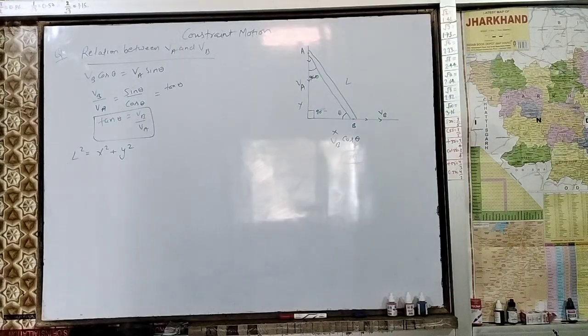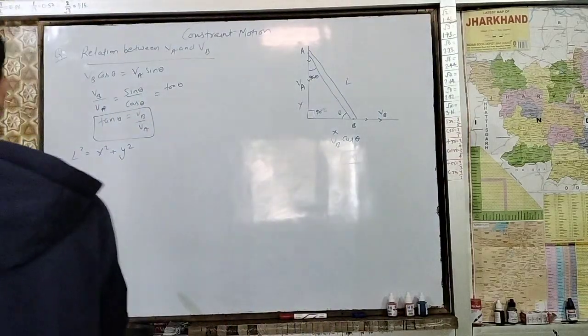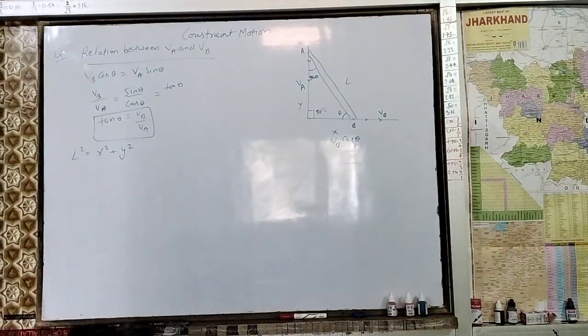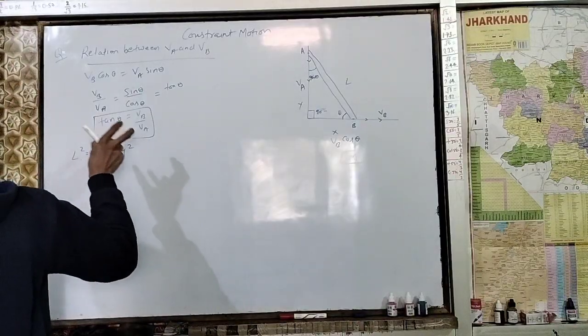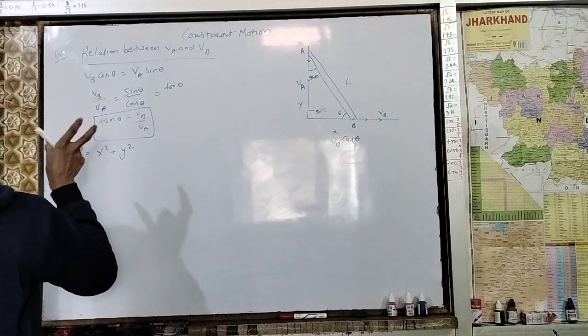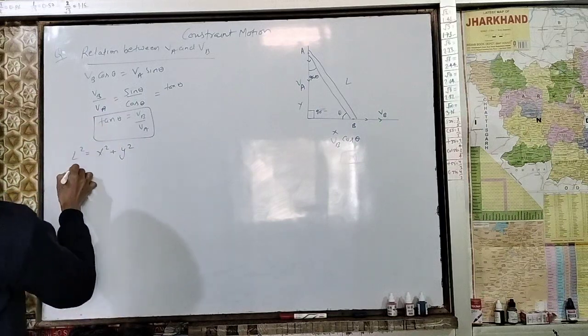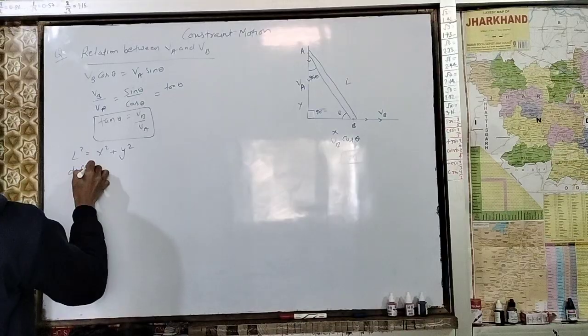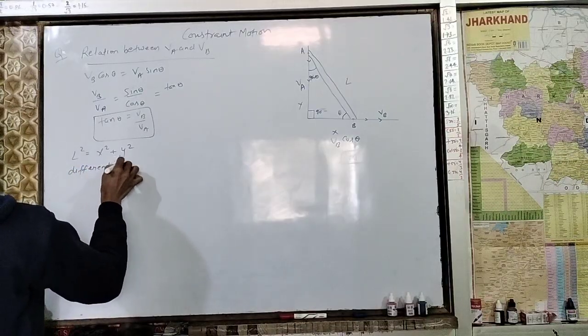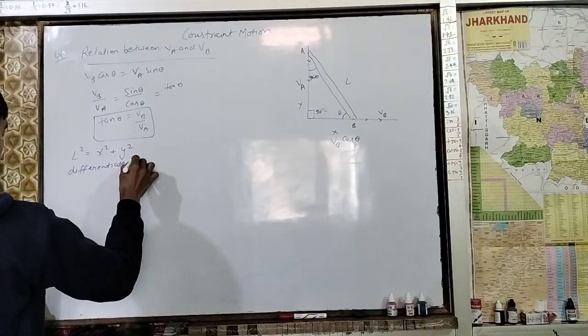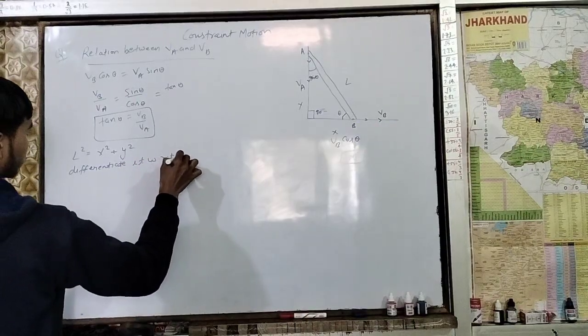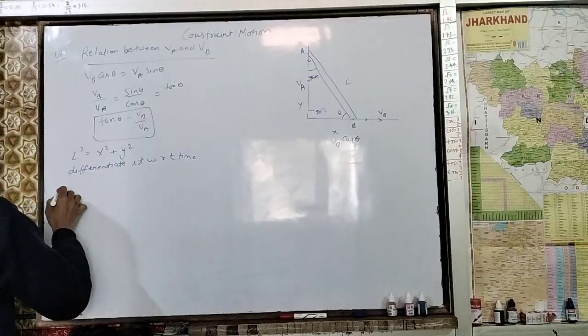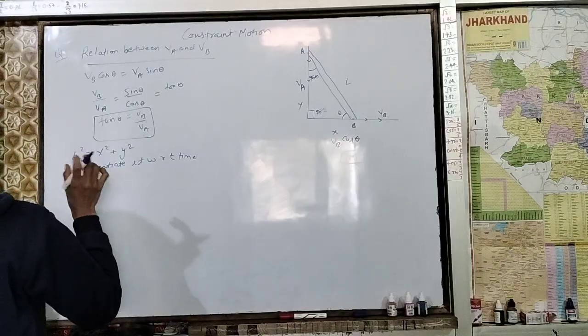Now remember, we are going to solve this by the calculus method. When it comes to calculus, it means we are going to apply differentiation and integration. Just differentiate this equation with respect to time. First of all, L is a constant.